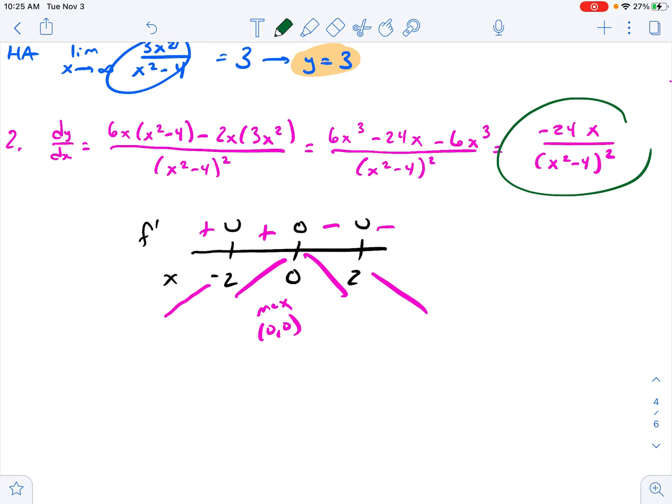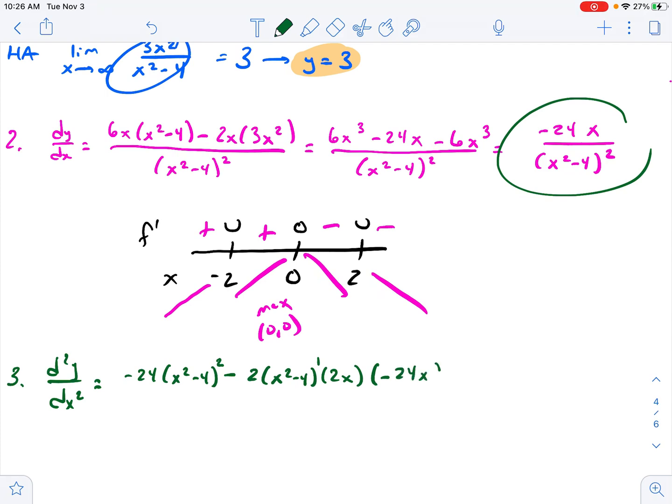Just clean this up a touch. And now I'm going to take the derivative of this. Derivative of the top times the bottom minus derivative of the bottom, chain rule. Bring down the power, leave the inside alone, reduce, derivative of the inside times the top, because we're doing quotient rule, all over bottom squared, which now takes us up to the 4th power.